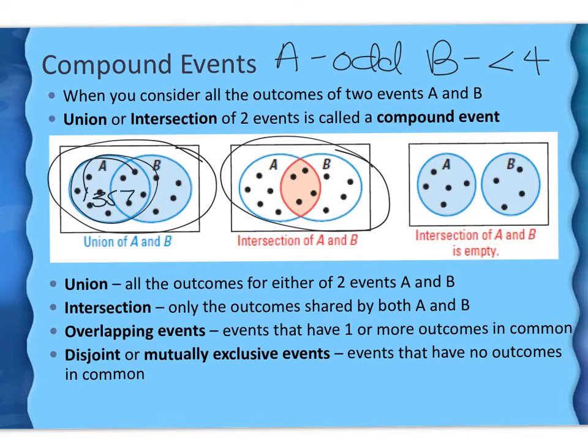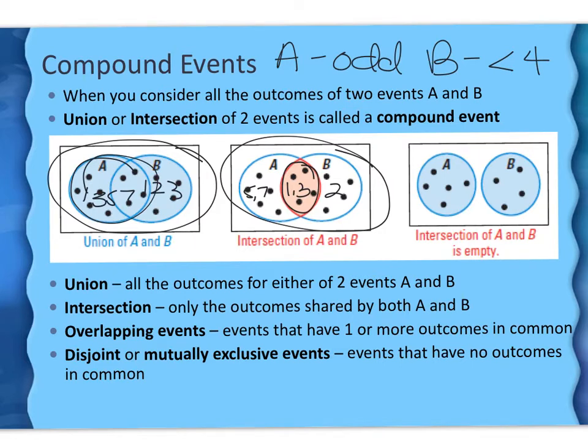And on the right, it would be 1, 2, 3. And then in here is going to be the overlap. So this is going to be 1 and 3. Out here would be 5 and 7. Out here would be 2. Does that make sense? So we're reading a Venn diagram. Union is all of it. Intersection would be where they overlap.